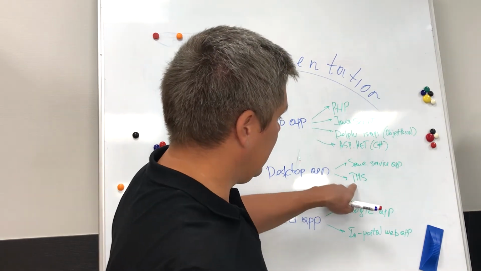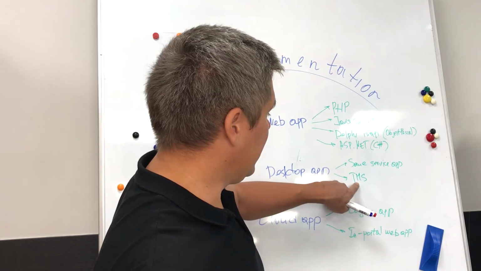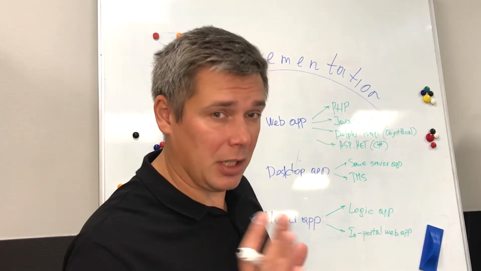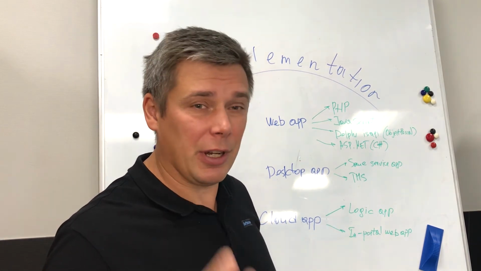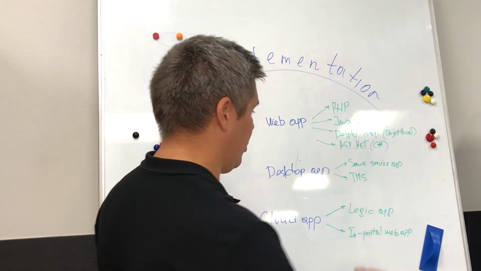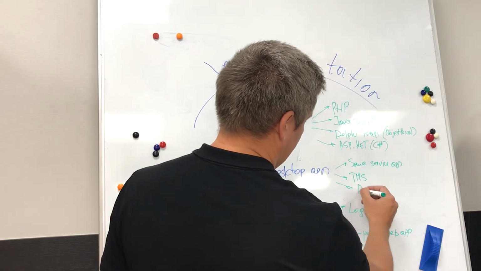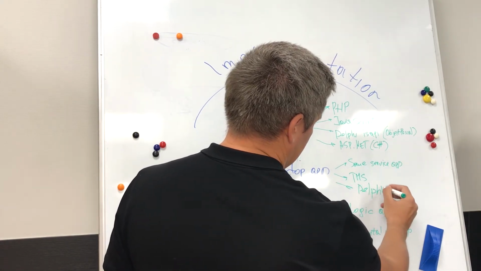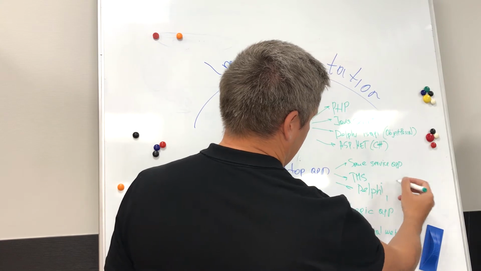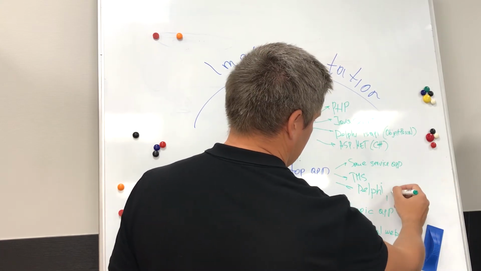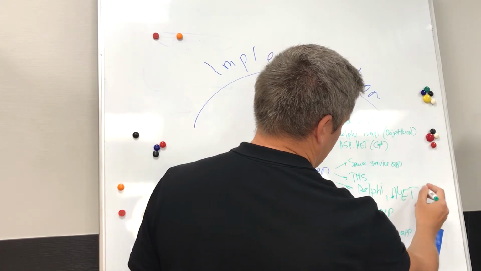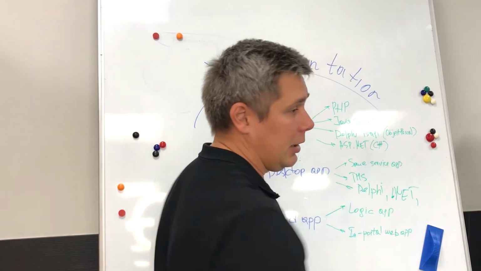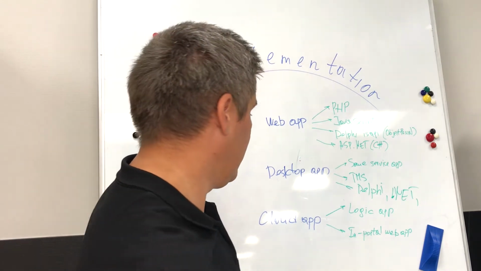It can be some additional application such as TMS software, which has its own product, a framework for implementation of REST API service. I'd say it can be Delphi. It can be, of course, .NET and any other desktop frameworks.